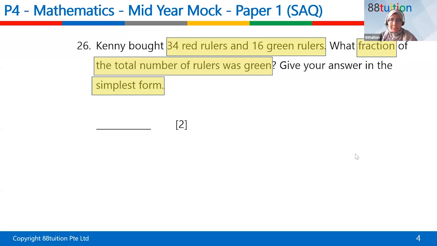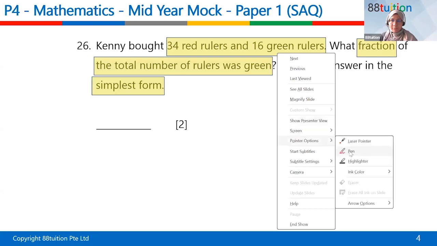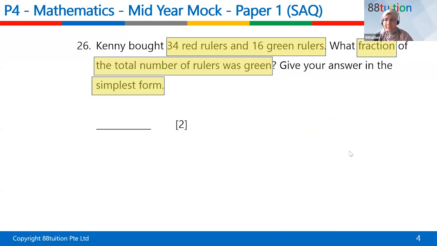All right, so I'm just going to go through the few questions that we have here. This first question: fraction of the total number of rulers was green. Give your answer in the simplest form. So what do you think you should do first? We look for the number of green rulers over the total number of rulers.